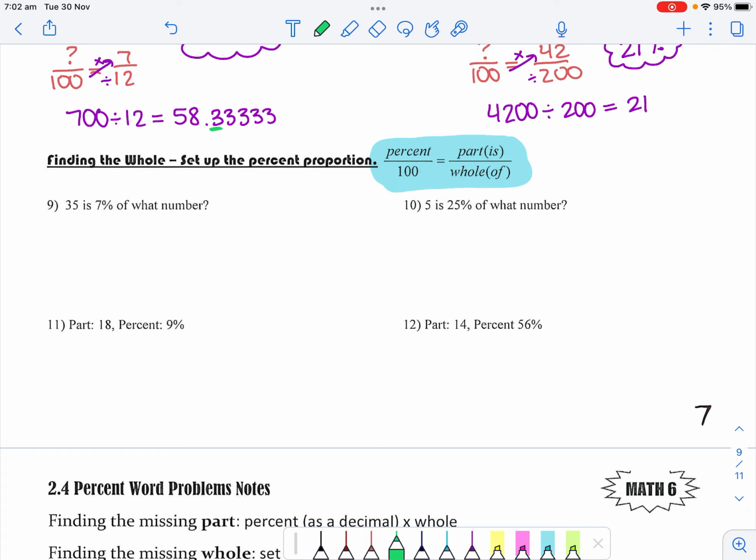This is where your is over of is really important, because this says 35 is. So that's the is part of your percent proportion. And then here's your of what number. So there's your whole part of your percent proportion. And then I'm also given 7%. So I'm going to start with 7 over 100 is equal to 35 over my question mark.